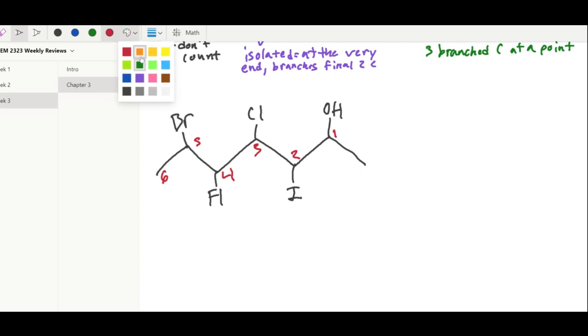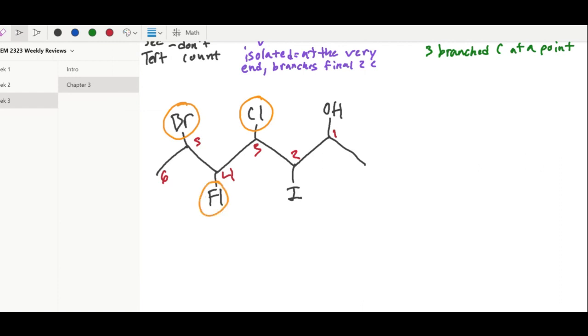Okay, so I'm going to circle all my substituents. Chlorine, bromine, fluorine, iodine. So alcohol is technically also a substituent, but it's a special substituent, and we'll talk about what that is.